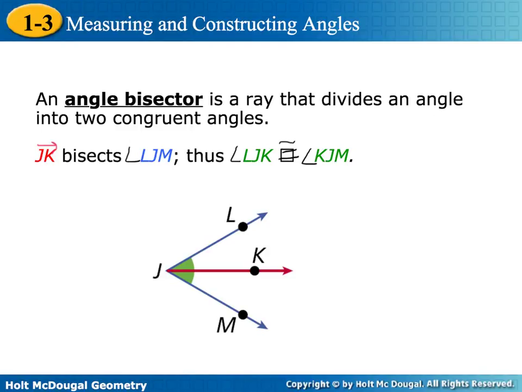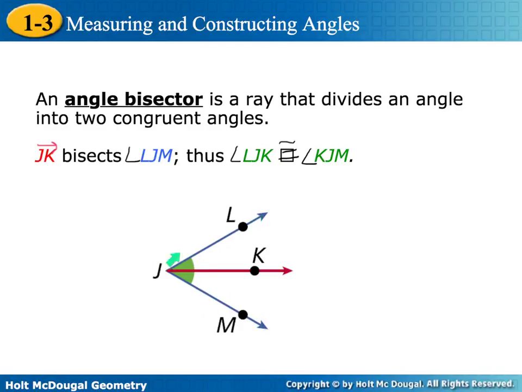Okay, our last buzzword and your last definition for this note is angle bisector. An angle bisector is a ray that divides an angle into two congruent angles. So please write this down with this diagram. JK bisects angle LJM. Thus, LKJ is congruent to KJM. So this was the given angle.